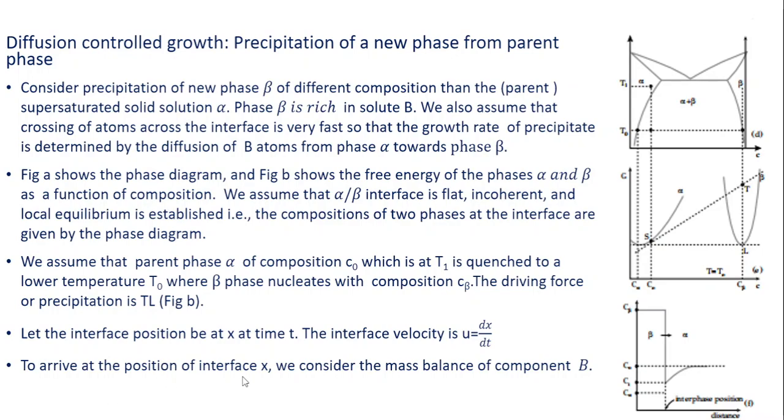To arrive at the position of the interface, we consider the mass balance of the component B. So this is the interface position at instant of time t, and this is the composition of beta, and this is the composition of intermediate composition.